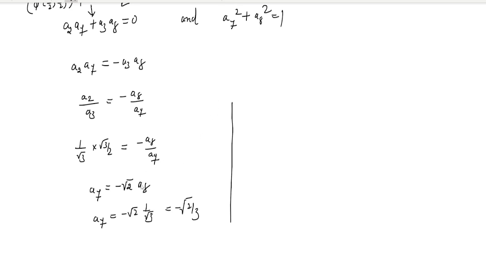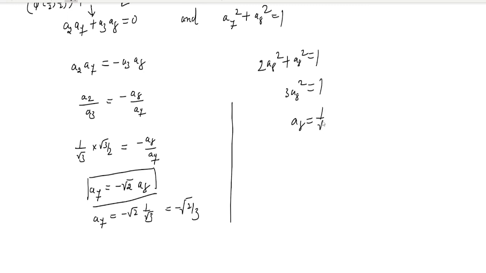So how I got here a8 value? So try to apply this a8. So from orthonormal condition value, if you apply this thing here, 2 a8 square plus a8 square equal to 1, then 3 a8 square equal to 1, a8 equal to 1 divided by root 3.